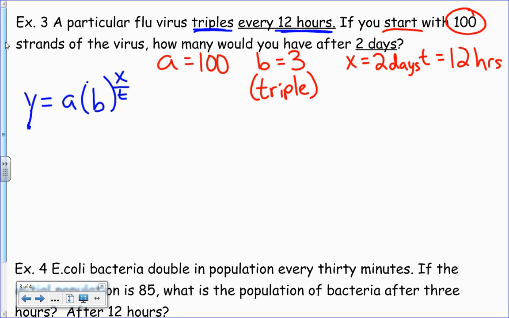Here's the problem, though. My x value, which would be on top, is in days. My t value on the bottom is in hours. That's a problem. So what I want to do is convert 2 days into hours. Well, 1 day is 24 hours. 2 days is 24 times 2, or 48 hours. So for my x value, I'm going to use 48.